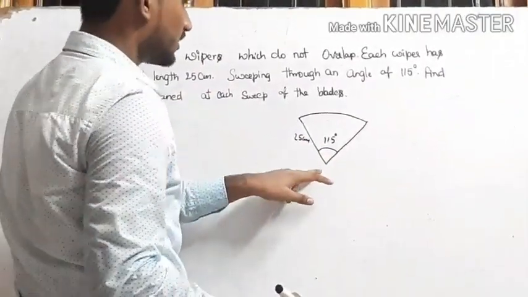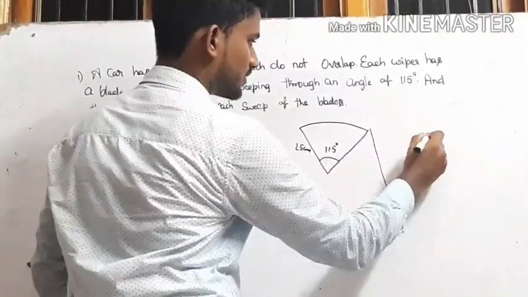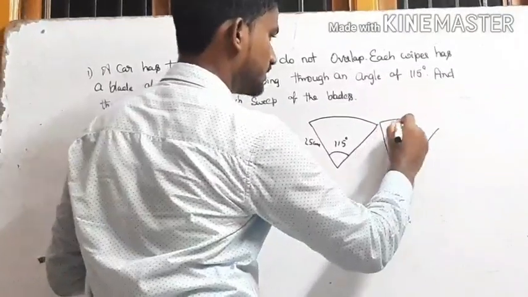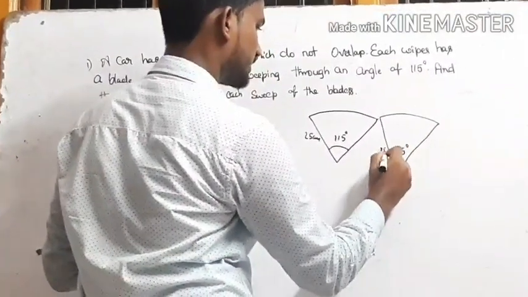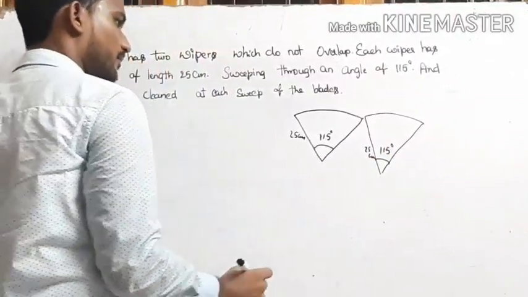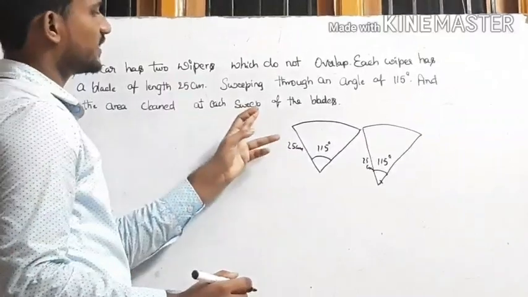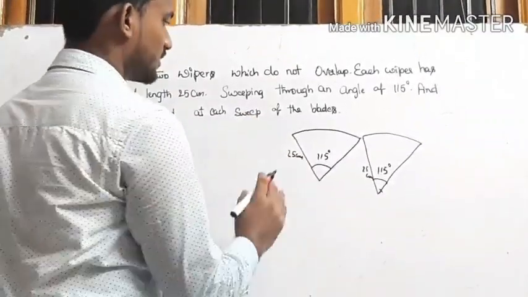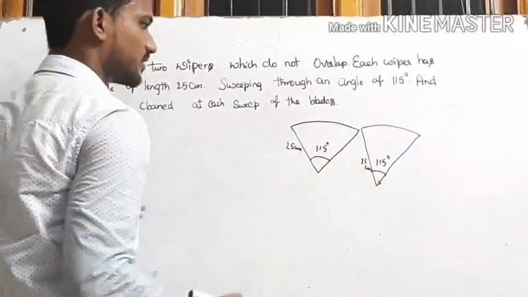Like this wiper, there is another wiper. This is 115 degrees and 25 centimeters in length. We want to find the area cleaned at each sweep of the blades, the area cleaned by both wipers.